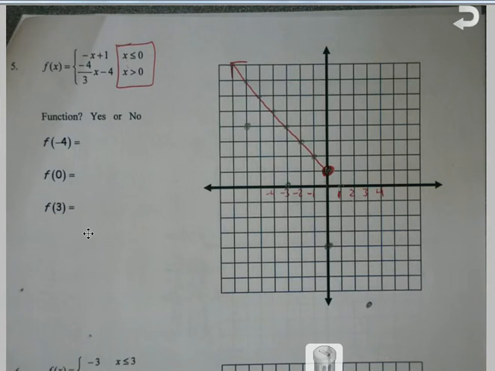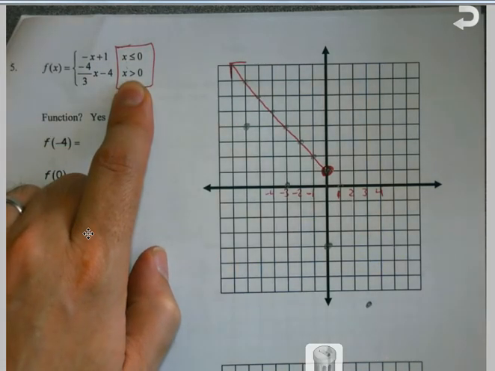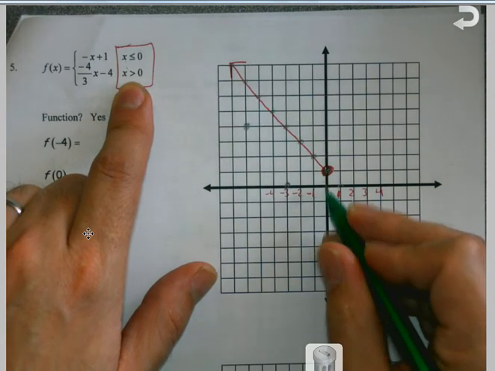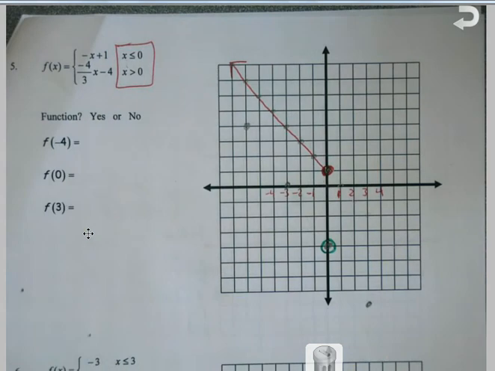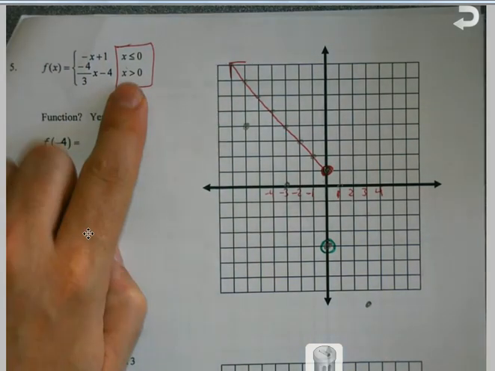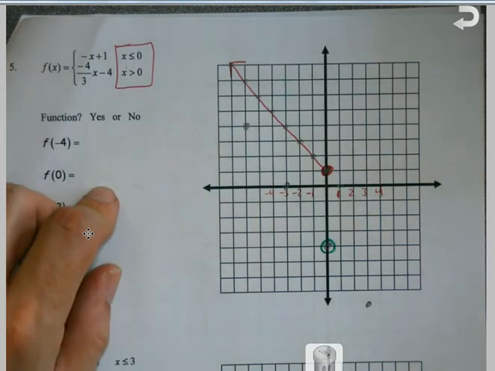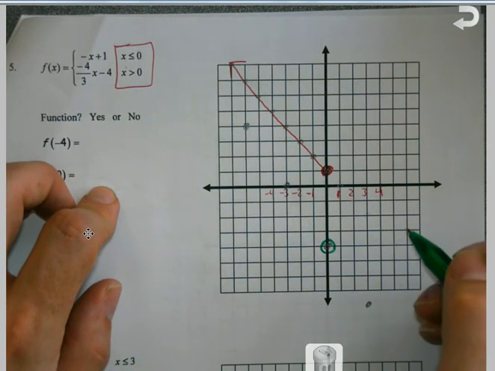So I look and I go, okay, we're starting at 0 here again, but this time it's greater than, and there's no equal to. So my dot on x equals 0 is going to be open this time, because that's how we signify that it's not or equal to. And which side am I drawing my line to if x is greater than 0? Let's try this. Right or left? Right.